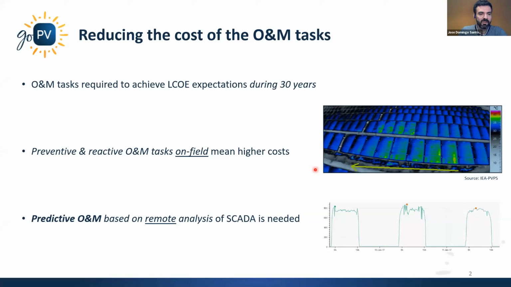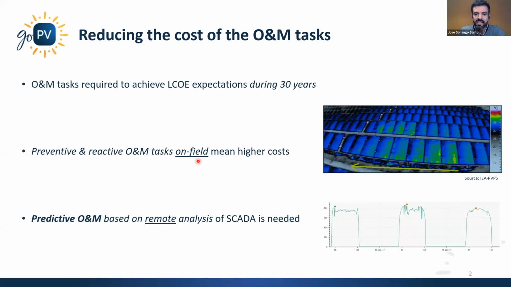As you probably know, the LCOE of new PV plants is calculated with an expected lifetime of around 30 years. This means that continuous operation and maintenance tasks are required to maintain the energy production level.